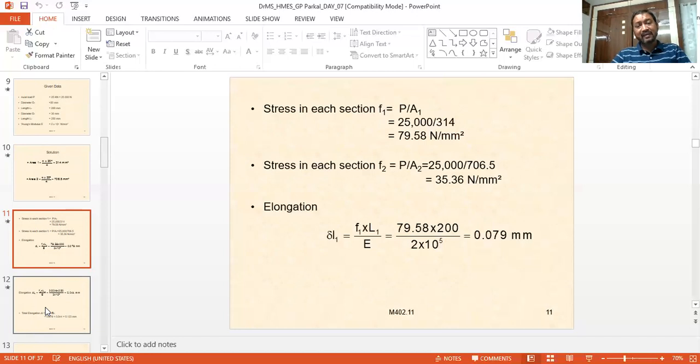Then by adding the elongation of section 1 and section 2, we can find out the total elongation of the bar.